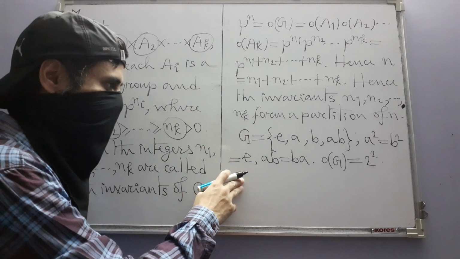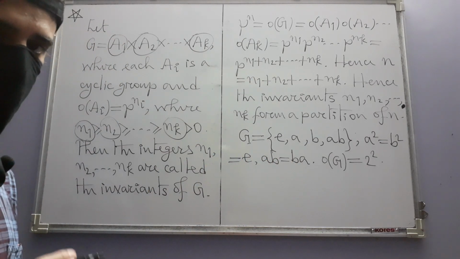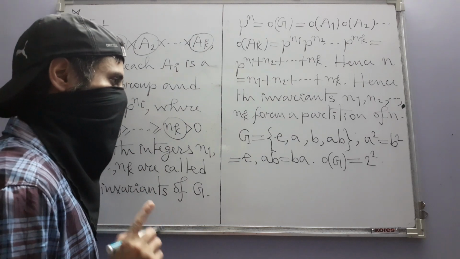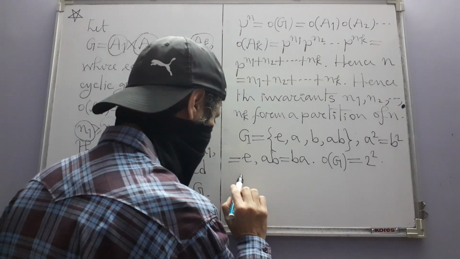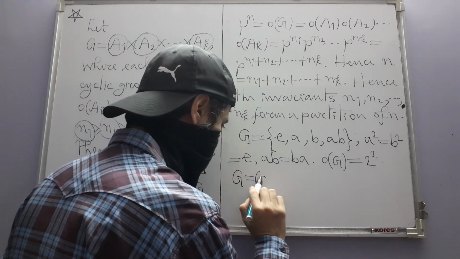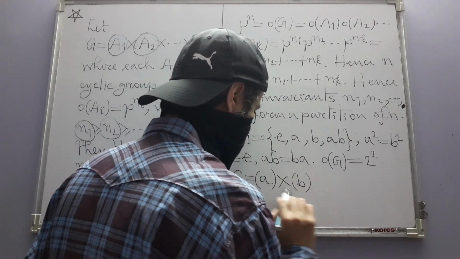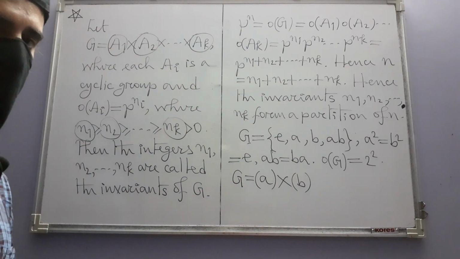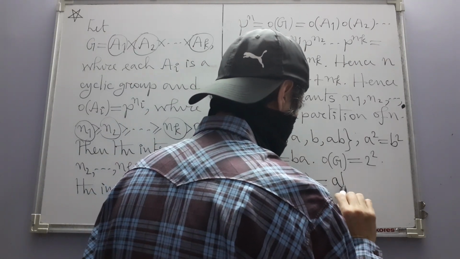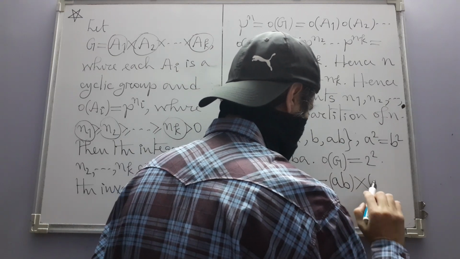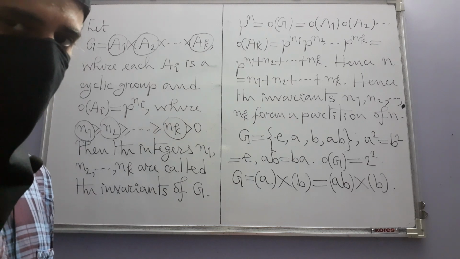So it's expressible as a direct product of cyclic groups, in fact in 2 different ways. And one of them is just this: the cyclic group generated by a times the cyclic group generated by b. But at the same time, it's also the direct product of the cyclic group generated by ab and the cyclic group generated by b.